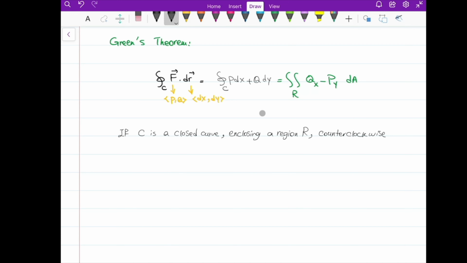Okay, so then what are the conditions for F?